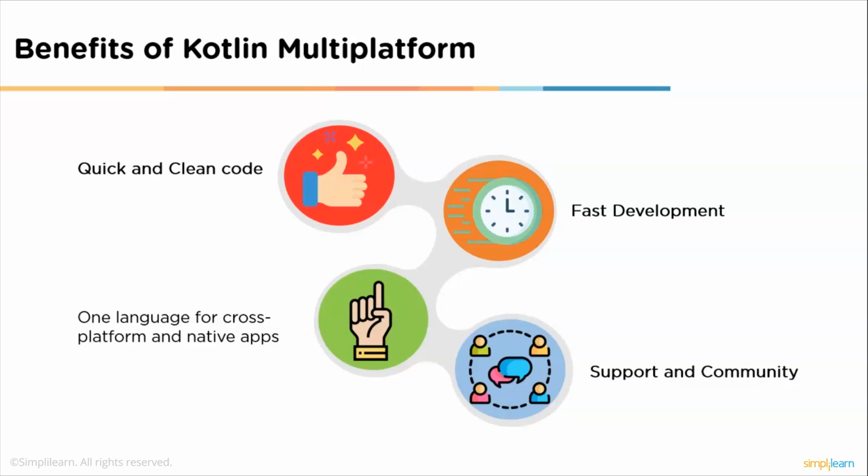Next is one language for cross-platform and native apps. Most cross-platform app development tools don't allow you to use the capabilities native to iOS and Android devices. In Kotlin, we don't need to introduce any new programming language to the codebase.